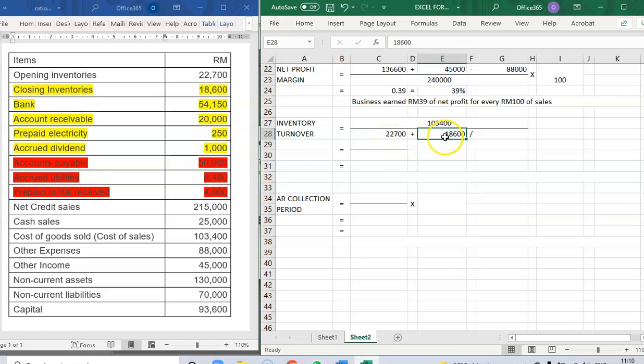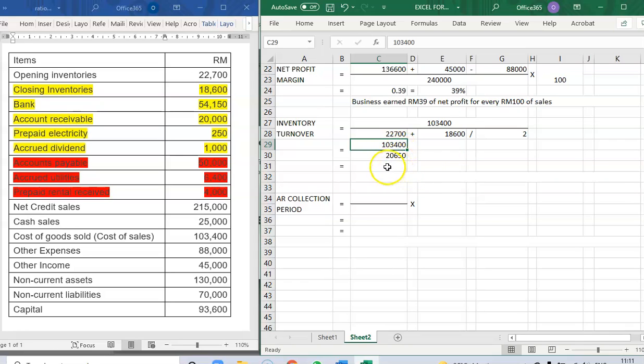You must add the opening inventory with the closing inventory, 22,700 add with 18,600. You must add those two first and divide with 2, because you need to calculate the average amount of inventory. So your average inventory is 20,650, and the cost of goods sold or cost of sales is 103,400.